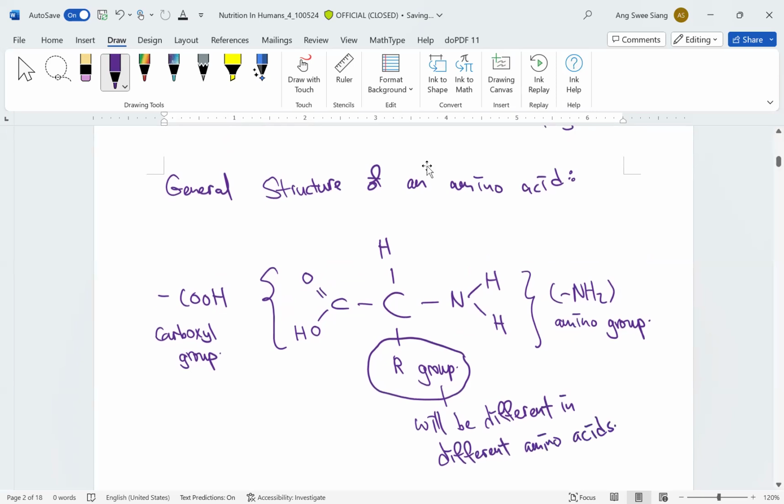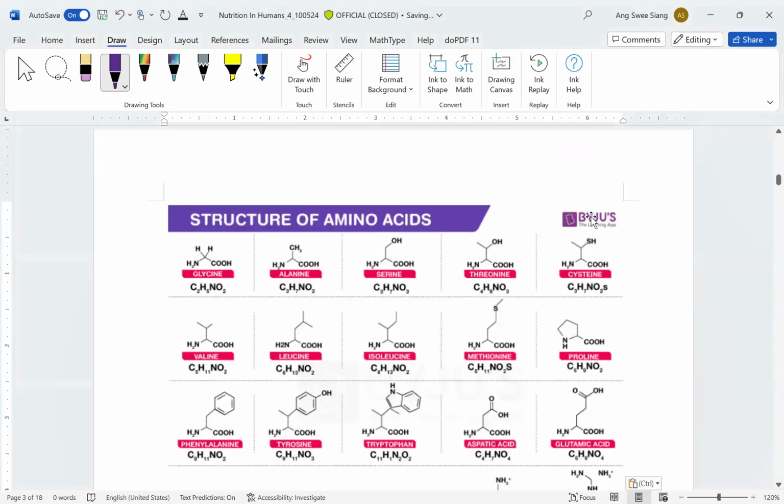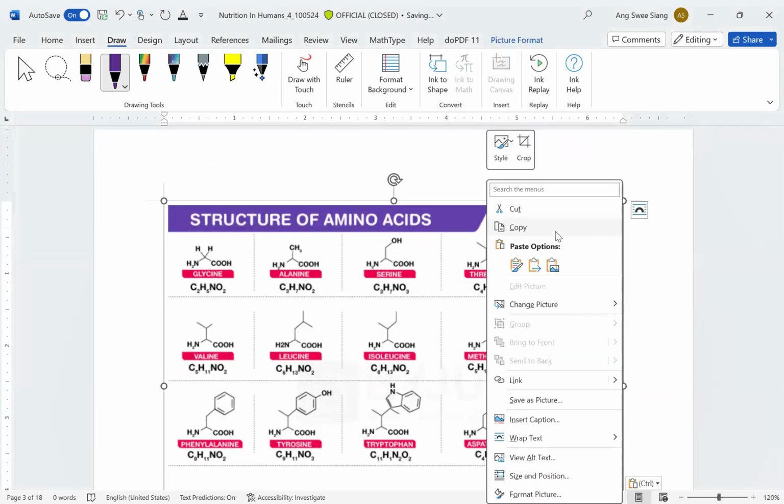Maybe to make this point clearer, let me see whether I can show you some structures.